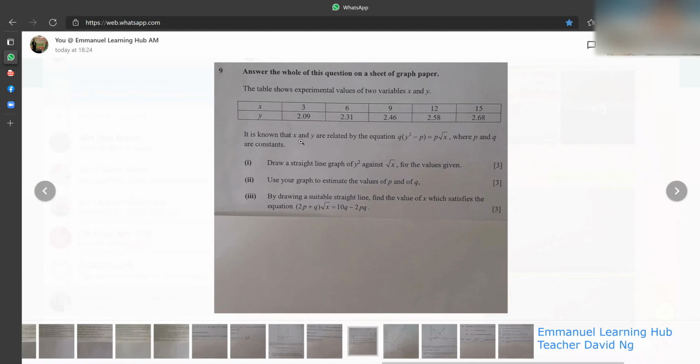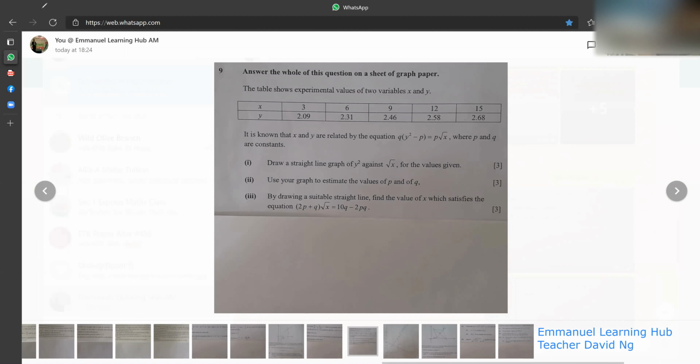Okay, it is known that x and y are related by this equation, where p and q are constant. So part 1, you managed to draw the graph. Then you are supposed to use your graph to estimate the value of p and q.